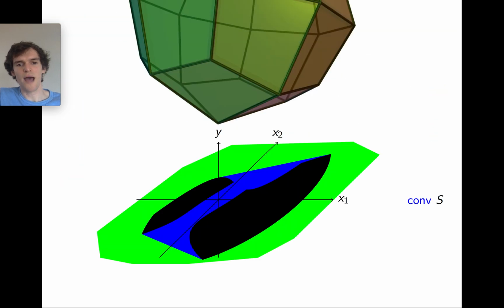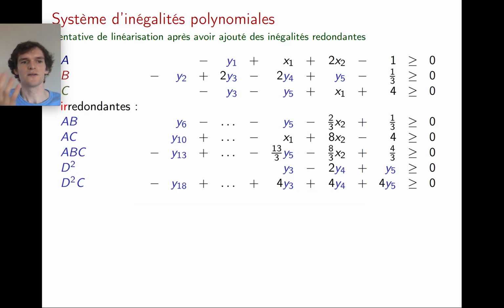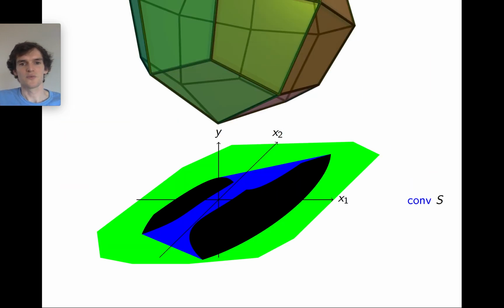And so what happens now, you can see here, you have linear inequalities where you have your original variables, x1 and x2, and then you have these lifted variables, y. And so this is actually in higher dimension. This makes for a polyhedral set.